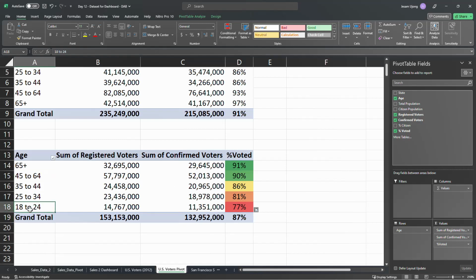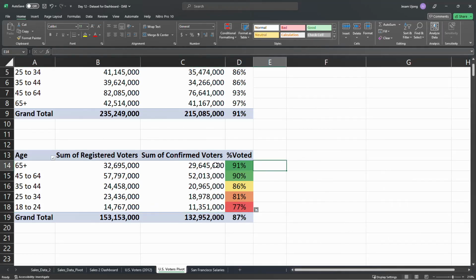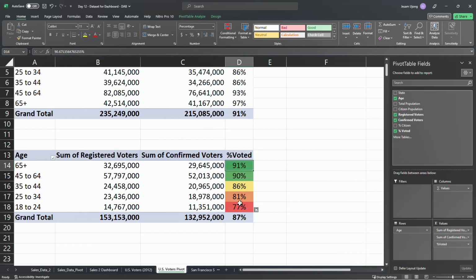And as the case may be, 18 to 24 years recorded the lowest votes. Of course, the Gen Zs wouldn't really care much. Yeah, and this gives a whole lot of information. So why do we have the younger generation voting less?